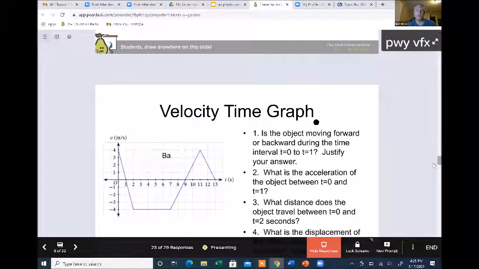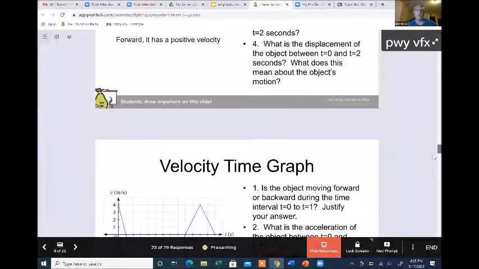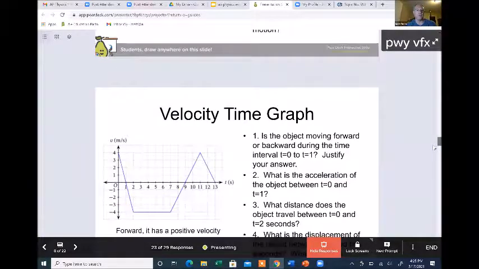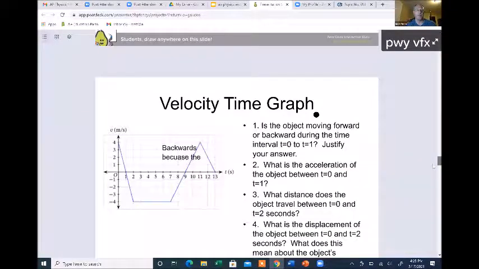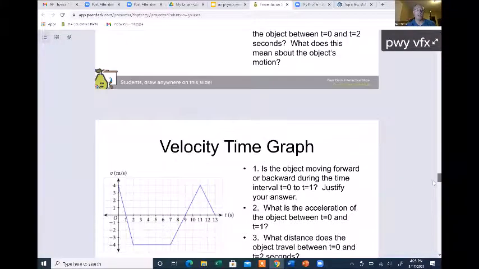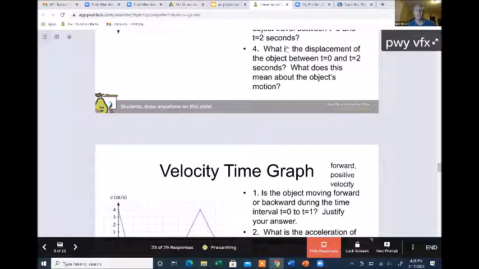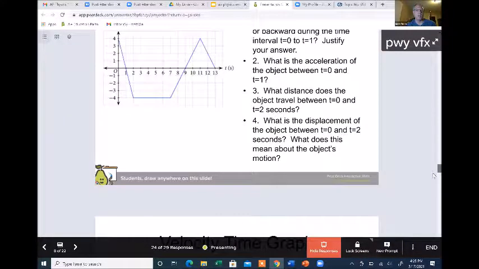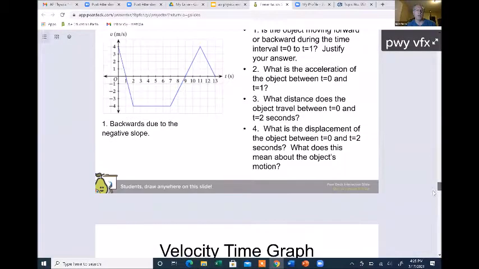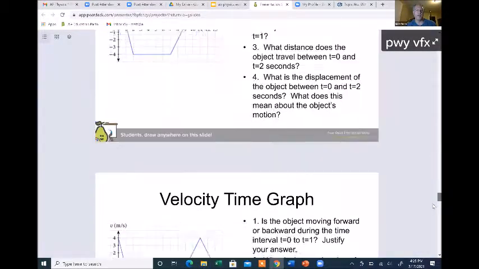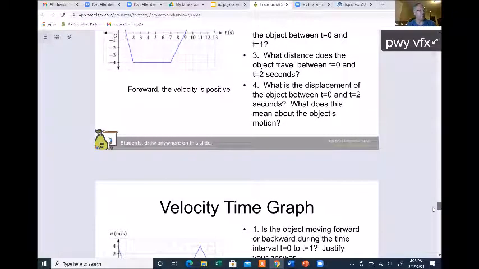All right, I'm just going to scroll through. There's a forward, a backward. It looks like I'm getting about 50-50 here.